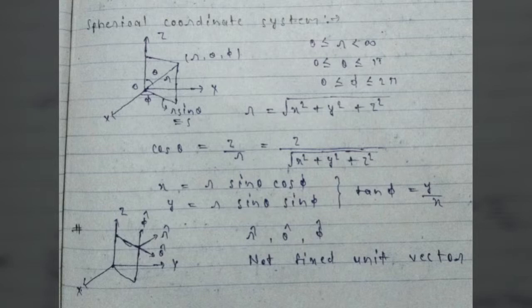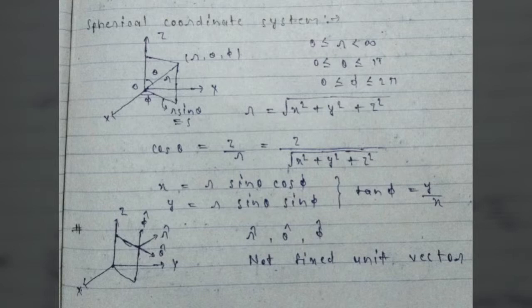In this plane, if I measure the angle from the z axis to this line joining origin and the point, this angle is given as theta, and the angle this entire plane makes from the x axis is known as phi. So this point is specified by r, theta and phi.